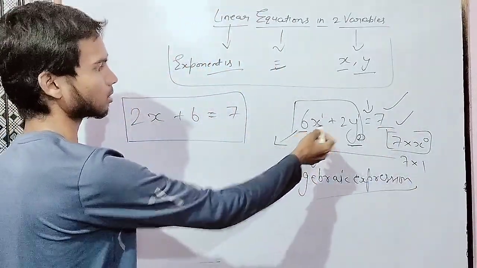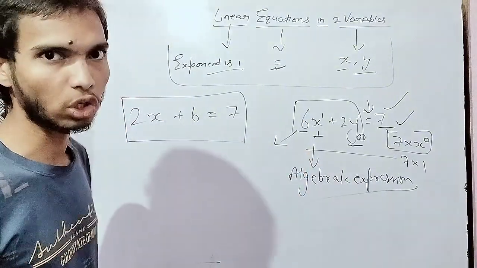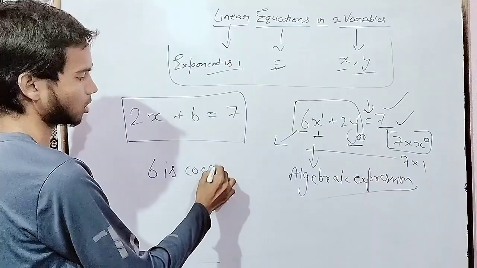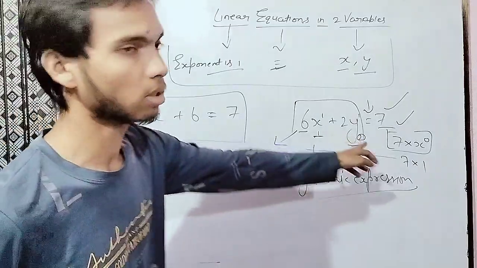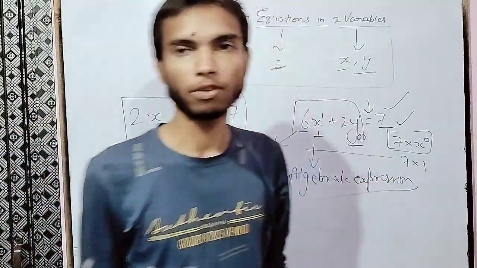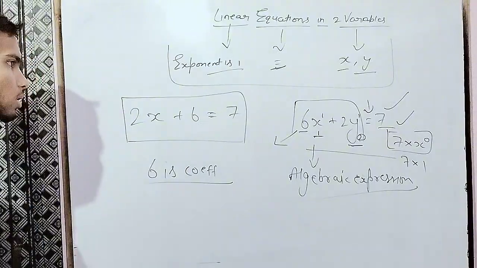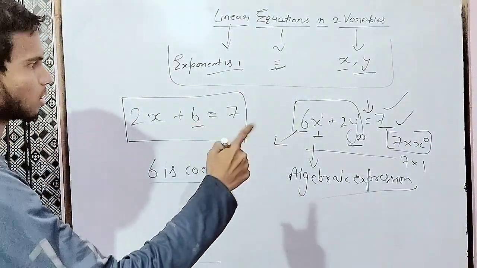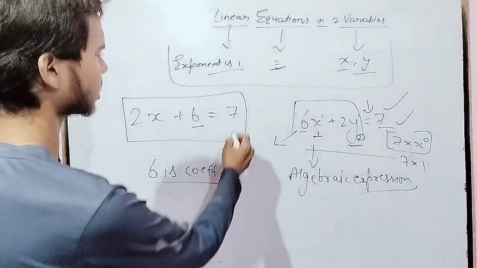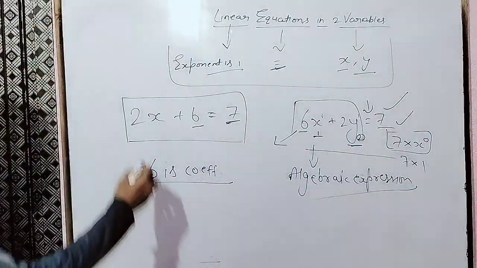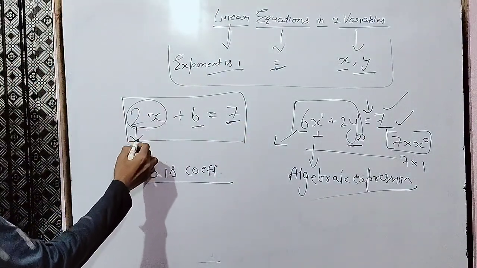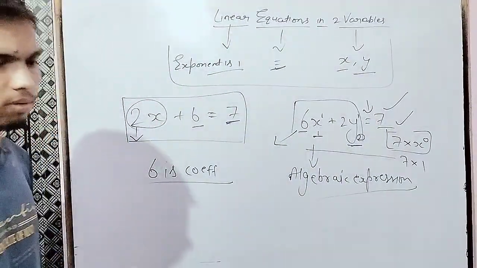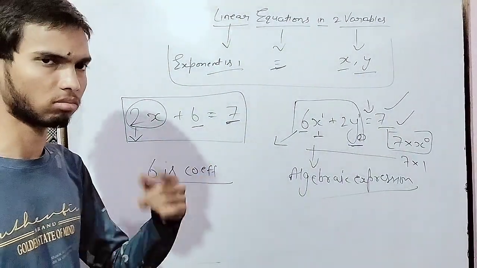You can say the coefficient of x is 6. Similarly, the coefficient of y is 2. 6 is a constant number, 7 is also a constant number. But here 2 is a coefficient, 2 is not a constant. So 2y together will be considered a variable term.